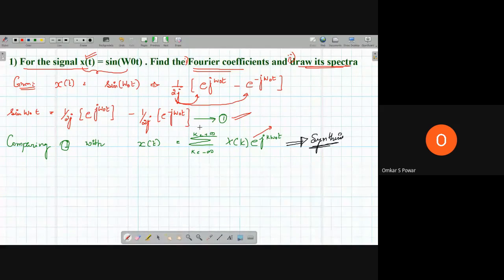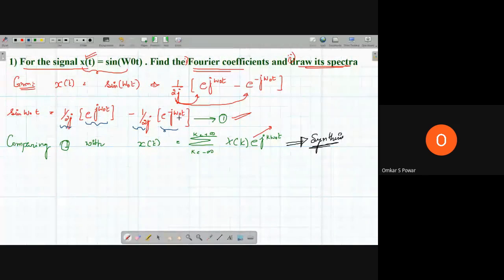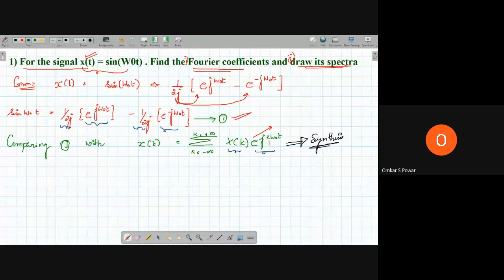So how do we do that? If you observe this, you have 1/(2j) e^(jω0 t) and minus 1/(2j) e^(−jω0 t). Now you have your expression x[k] e^(jkω0 t), and they have that similarity, right?